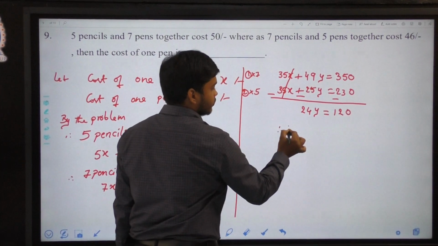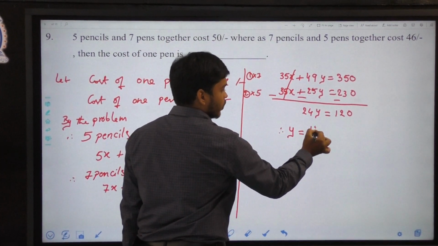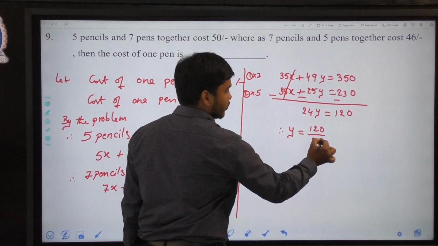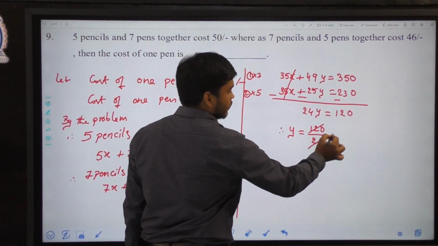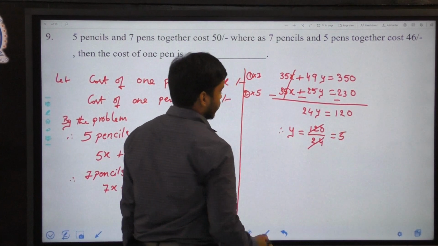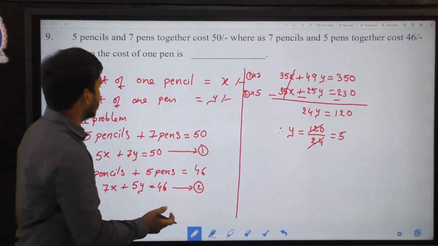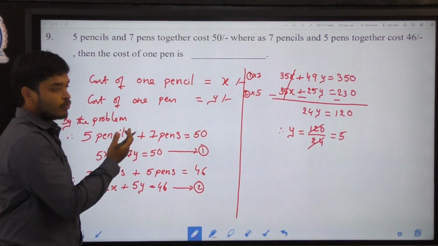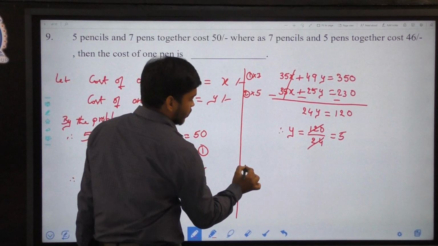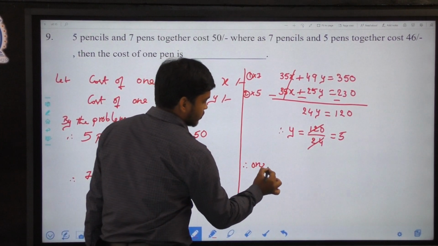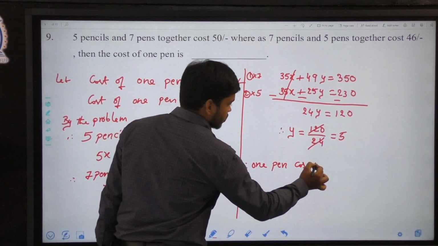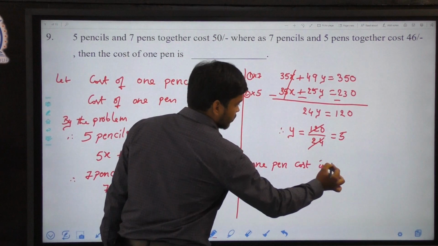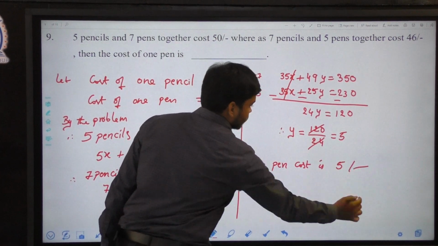Therefore y is equal to 120 by 24, which is 5. See children, y means the cost of 1 pen. Therefore the cost of 1 pen is 5 rupees.